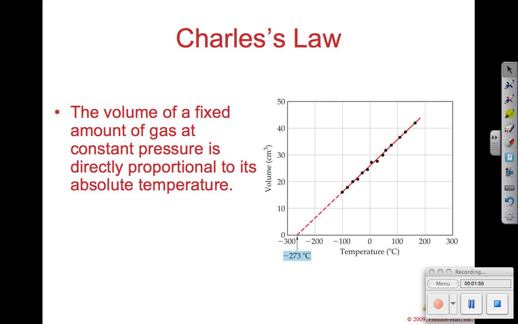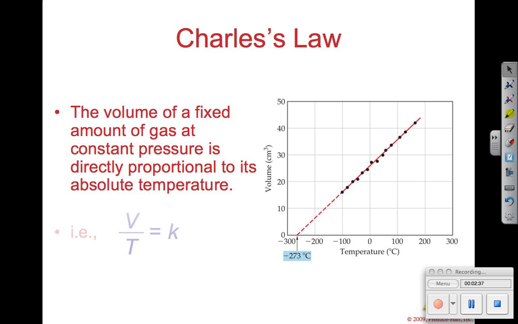All right, the next relationship is called Charles' law. And Charles' law, he was the one that led us to eventually determine that there must be some temperature that you cannot get any colder than, which is what absolute zero, or absolute temperature, is. It comes from Charles's experiments with gases, because he was looking at the relationship between the volume of a gas and how it's related to temperature if you hold pressure and the amount of gas constant.